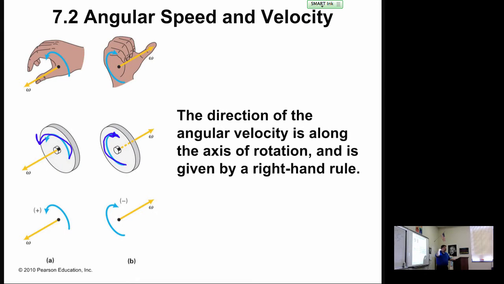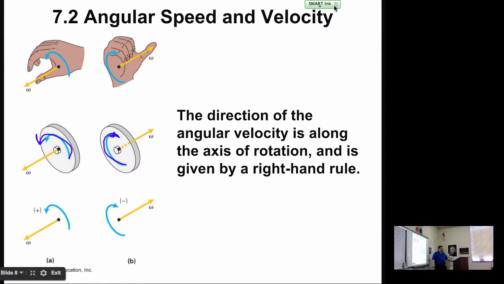And that's why that wheel, that video we just saw, that demonstration, was kind of floating. Part of the reason had to do with the direction that he was rotating the wheel. Does that make sense? Okay. Any questions on that? Does everybody have this drawn?